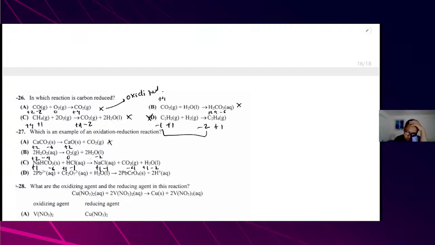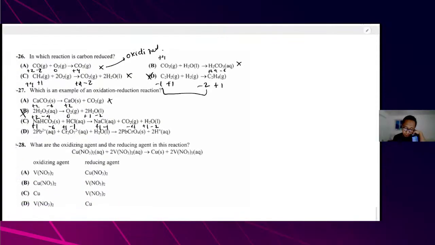Okay, and then this one is plus 1. Okay, D is redox, right? Yeah, D is a redox reaction. Oxidation and reduction. Okay, good. What are the oxidation agent and the reduction agent? Which one is just like the opposite?